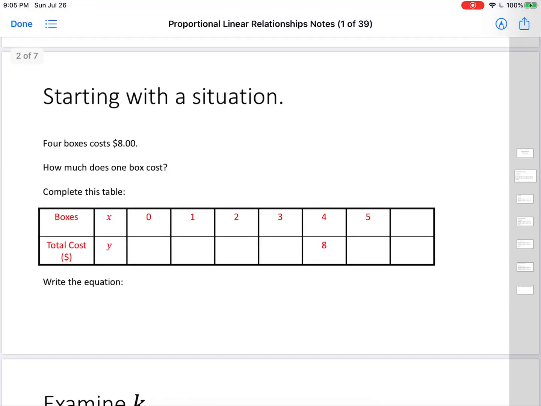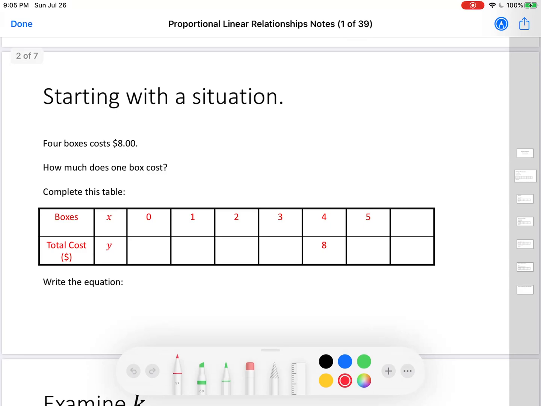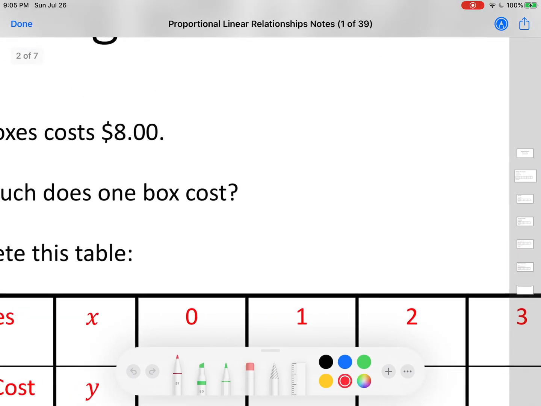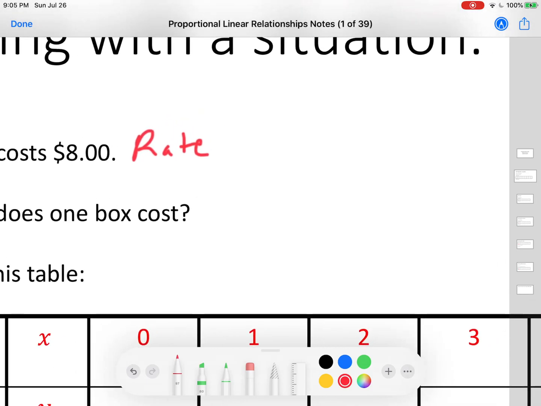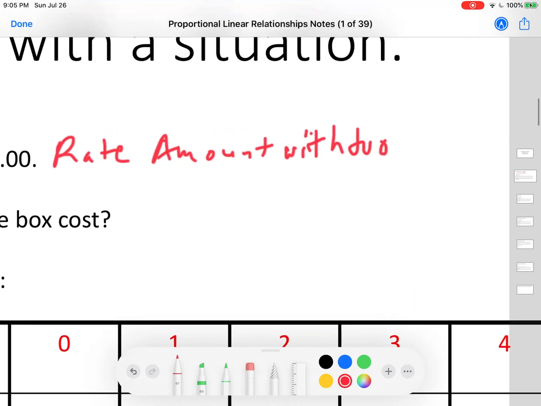So, first, we're going to start with a situation. Okay, here's our situation. 4 boxes cost $8. This is called a rate. A rate is an amount with 2 units.